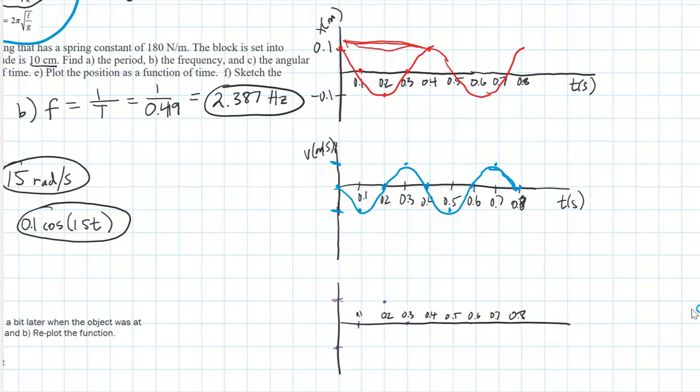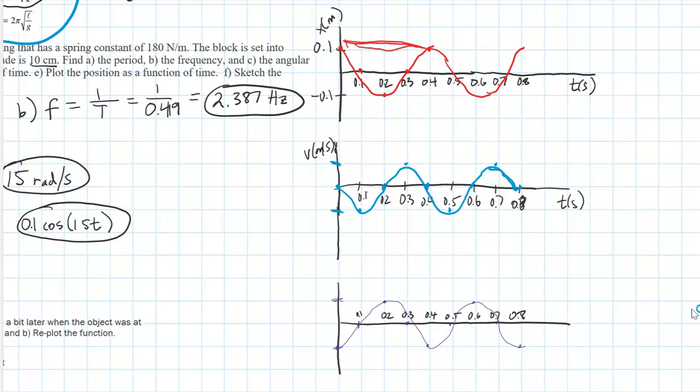After 0.3 seconds, it's back at 0, and then negative maximum again. And remember, the 0.4 seconds is for a full cycle because that's the period. And then it'll be back at its negative maximum at 0.8. So that is going to look something like that.